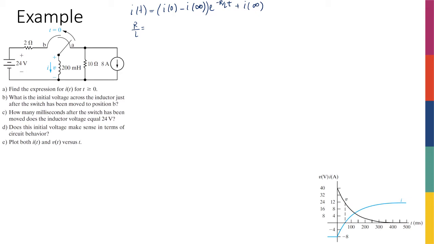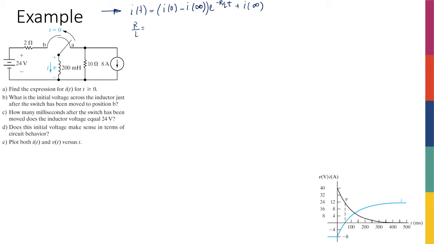That's why I use this general form of equation: the current of an inductor is going to be the initial value minus the final value times e to the power of negative R over L times t, plus the final value. Okay, so when I want to calculate R over L, I look at the R after the switching, because the one before the switching has been there for a long time.